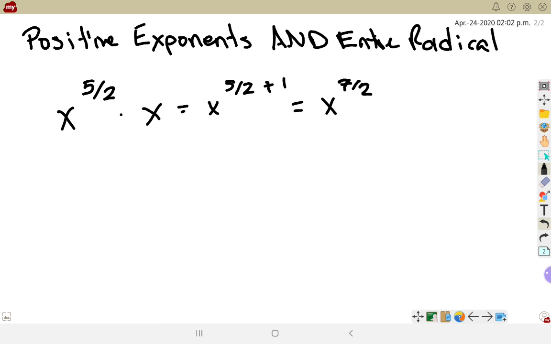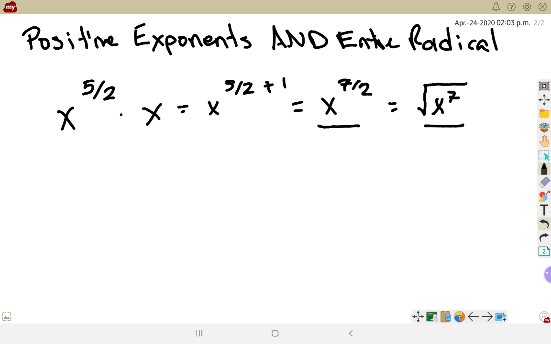Okay, so if I want to write that as a radical, because I already have everything as positive exponents, the 2 being in the denominator means we need to have the square root, and then since everything needs to be under the radical symbol, I need to put my exponent of 7 underneath. Okay, and so there we have it, both with positive exponents, as well as in its radical form.